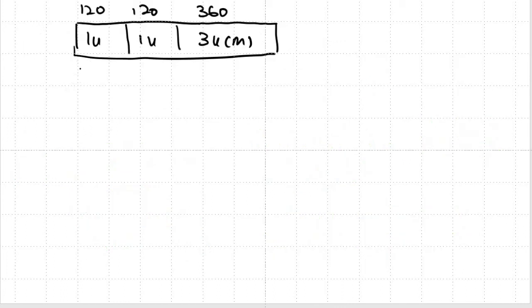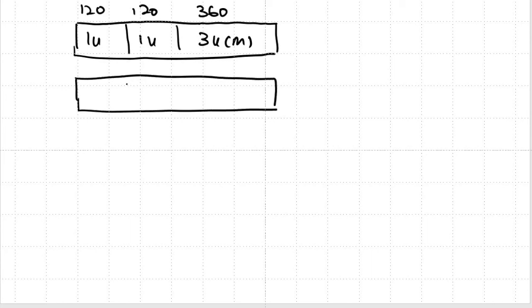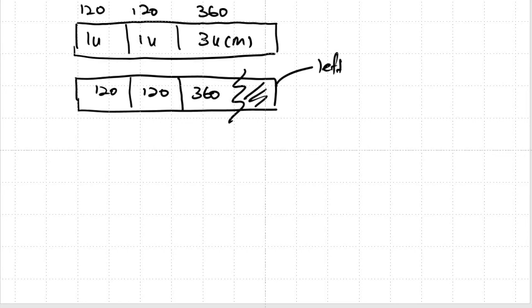So what I do is I draw this one here, right? 120, 120. So it's 360. This left. Okay, but then it says that the one remaining, right, is actually, where is my question? I cannot see my question. Okay. The one remaining, after some men left, I know that only men left.